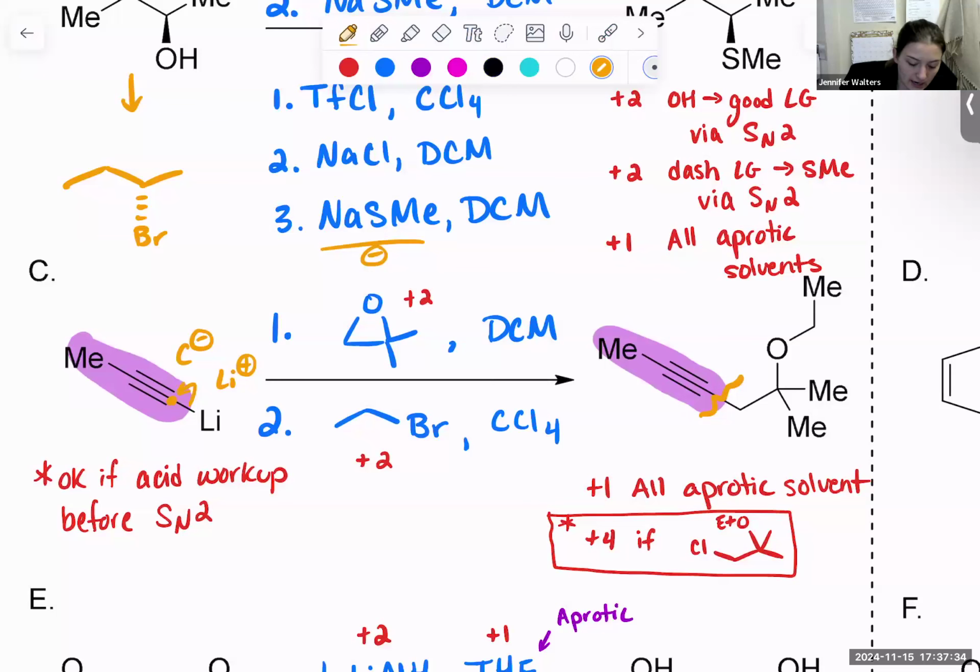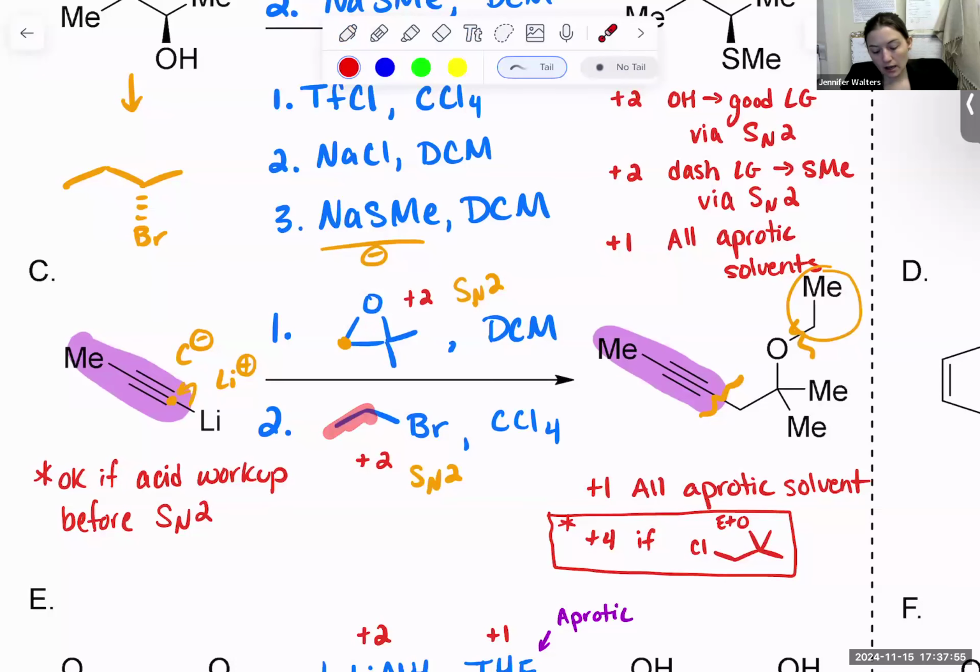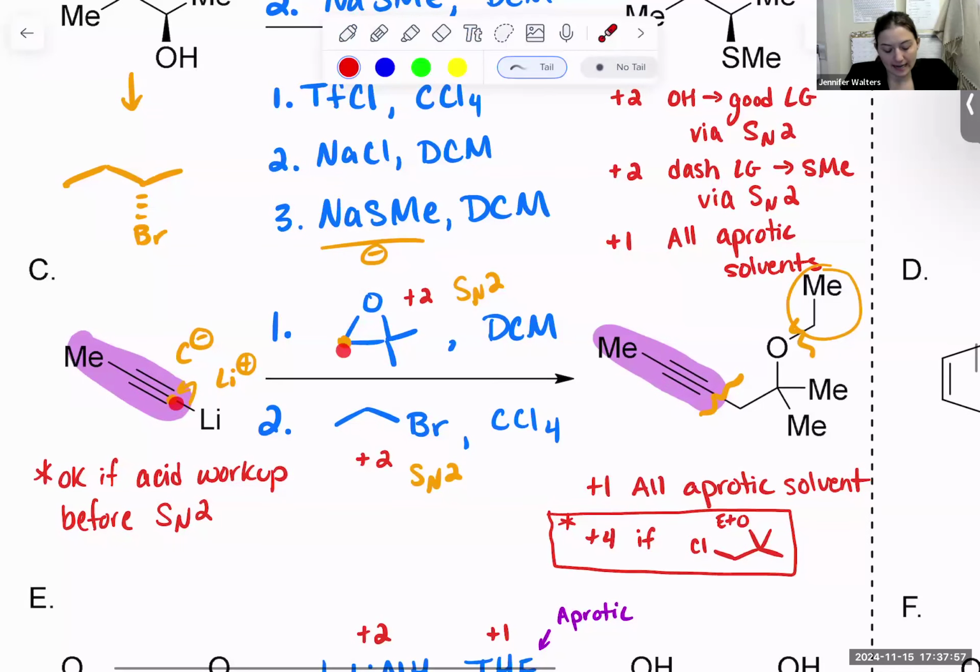And then recognizing it had to be SN2, opening on the less substituted side. And then in order to get this part, that ethyl, that was just another SN2 with your 2-carbon chain, because you would make the O minus after this adds in.